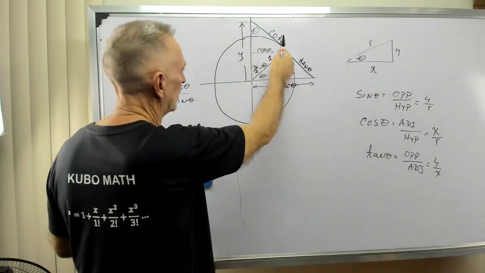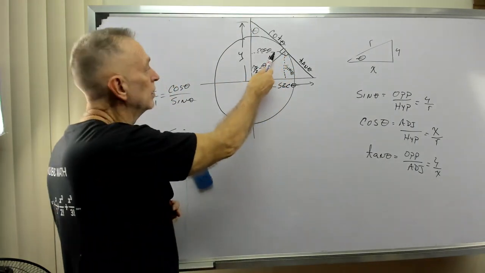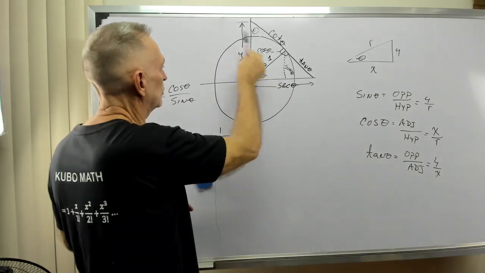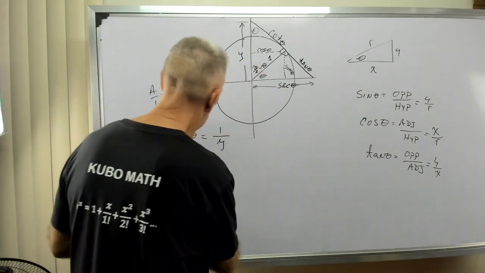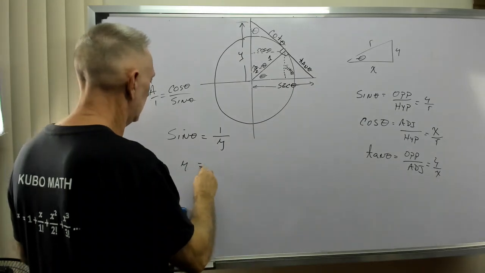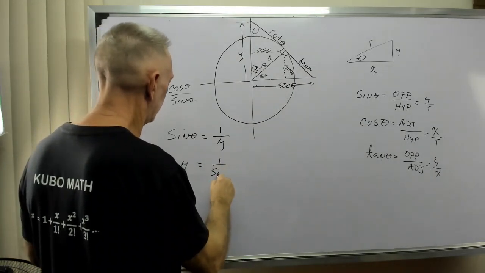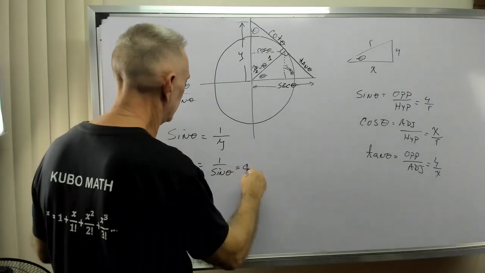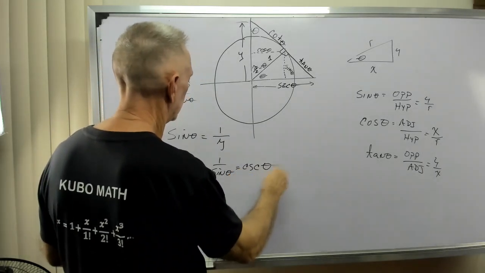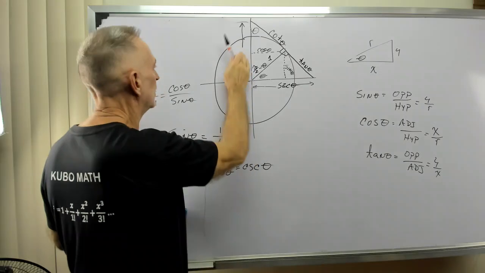Keep in mind, I've got a right angle here. So that's the side, that's the side, that's my hypotenuse. So it's 1 over y. Now y equals 1 over sine theta. What is 1 over sine theta? Cosecant theta.